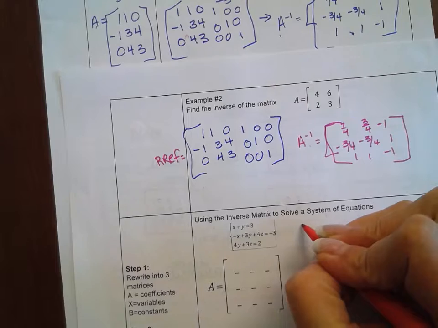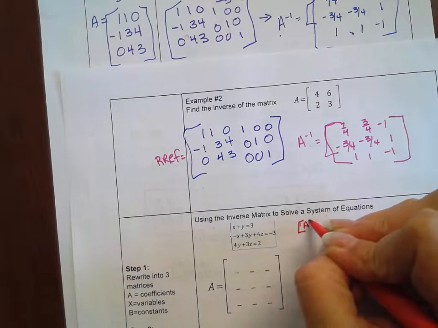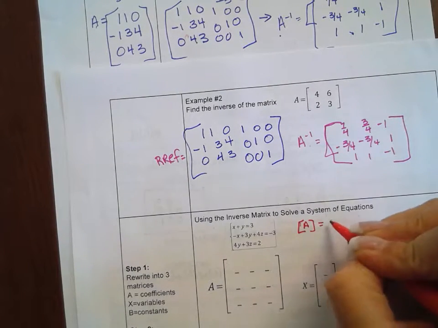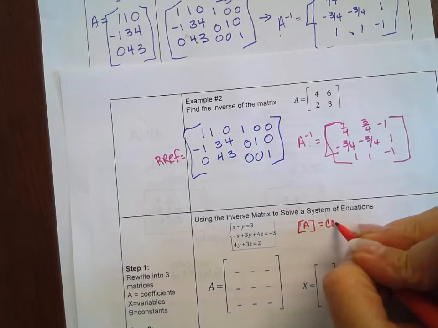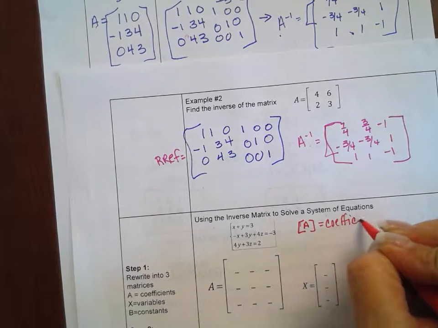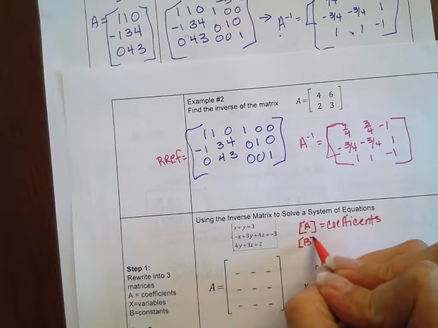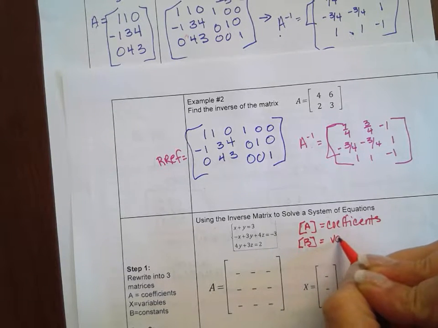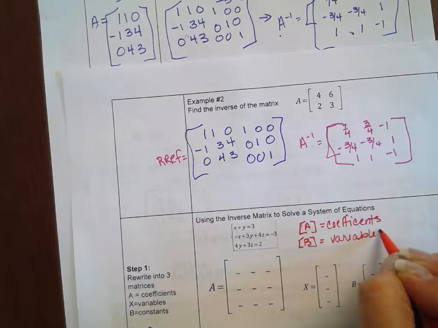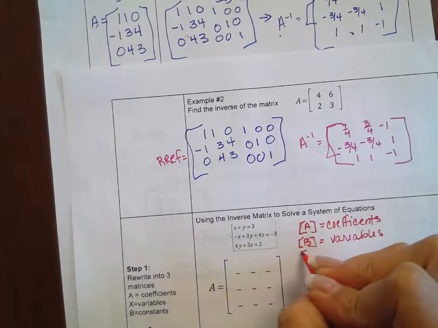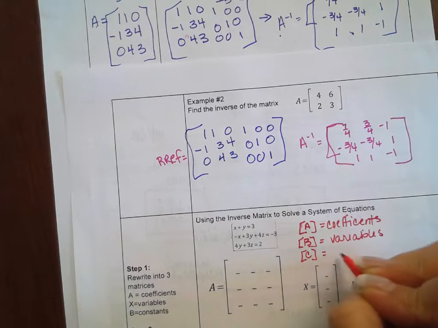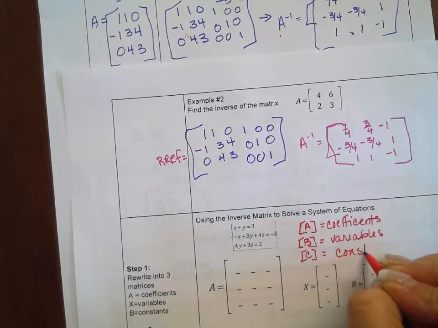Okay, the A matrix is your coefficients. Your B matrix are the variables. And your C matrices are your constants or totals.